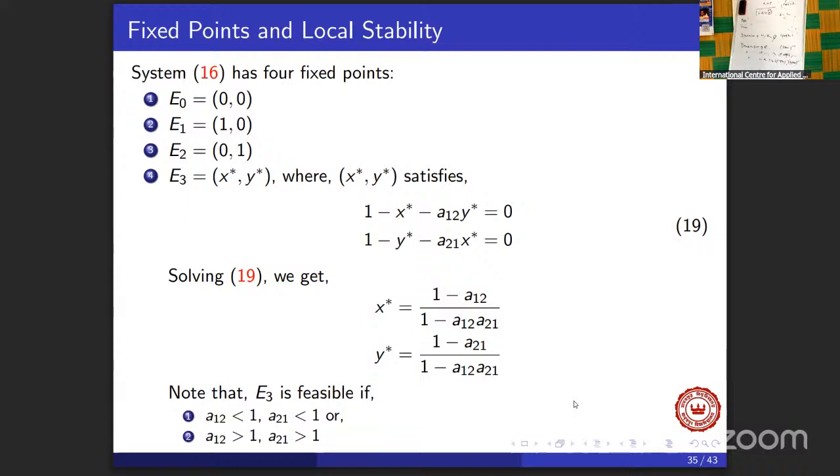If we consider a12 greater than 1 and a21 less than 1, we get one interior value greater than 0 and another one less than 0. That means the interior equilibrium point does not exist if the inequality changes, one greater and one less. So we get the interior point which satisfies a12a21 less than 1 or a12a21 greater than 1. Next.